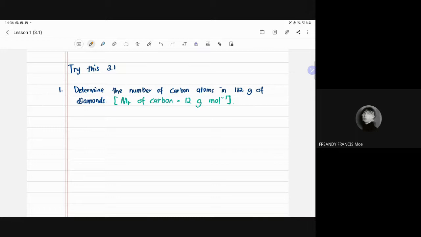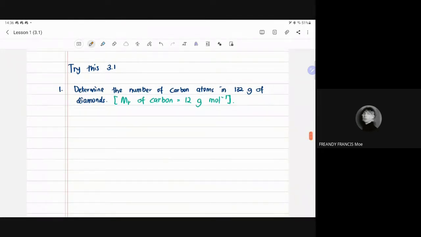It is only carbon. Okay, so in order for us to determine the number of carbon atoms, we have the mass. We have to change to the number of mole first.